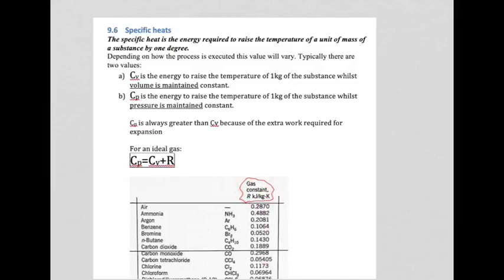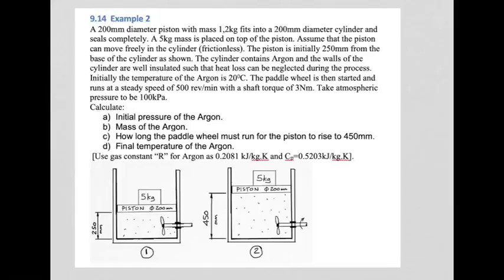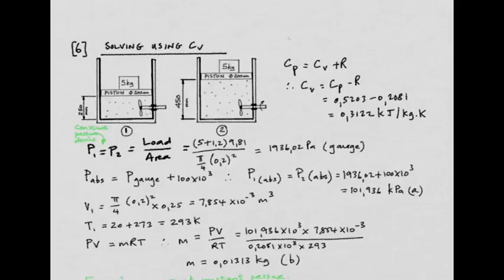And in our case, we're going to be using argon, and R is 0.2081. So although you were only given CP, you could indeed get CV because you were given R. So we're going to do this problem using CP, and we're going to do the problem using CV, to show that either route is possible.